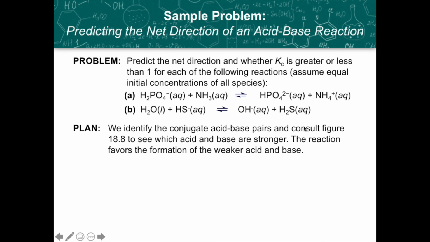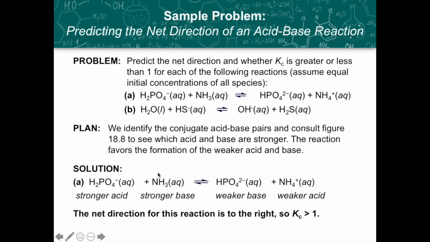Our plan is to identify the conjugate acid-base pairs and consult the previous figure to see which acid and base are stronger. Based on our previous diagram, H2PO4- is the stronger acid and NH3 is the stronger base. In that case, the products will be the weaker base and the weaker acid.